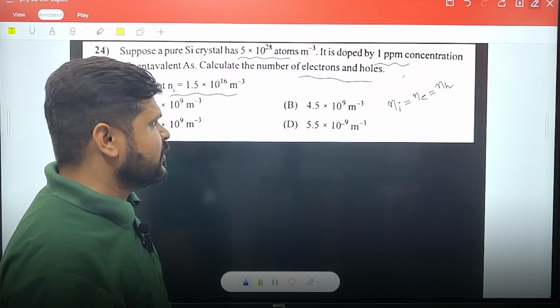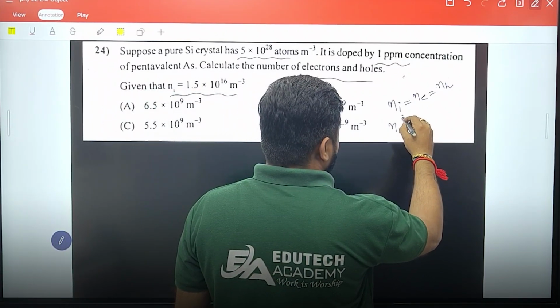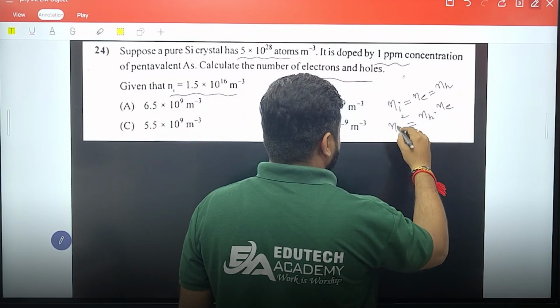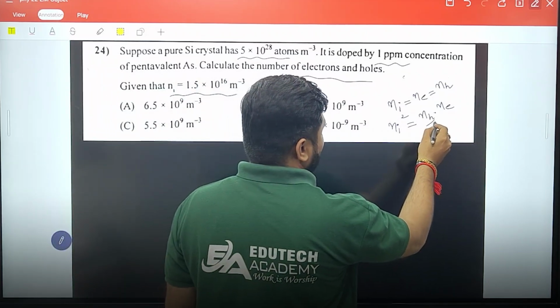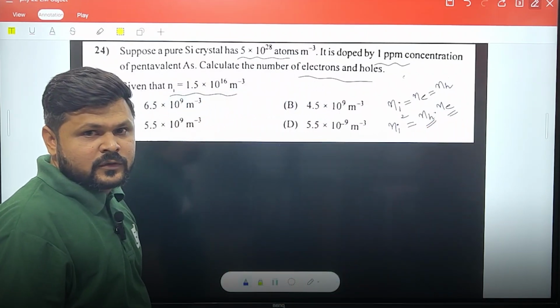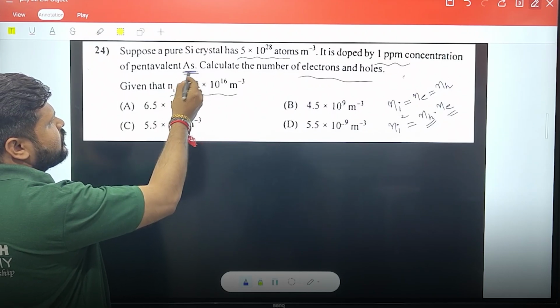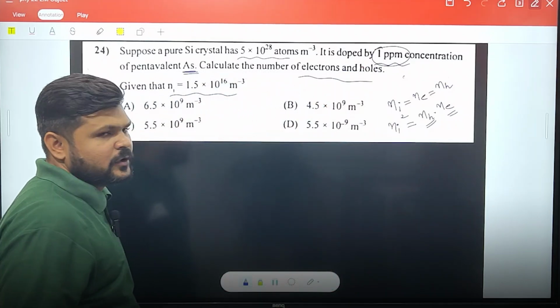But for an impure semiconductor, that is for a doped semiconductor, there is one formula, that is Ni square is equal to Nh into Ne. So we are asked here to find the number of holes as well as the number of electrons. See here, the number of doped arsenic is given by 1 ppm, parts per million.